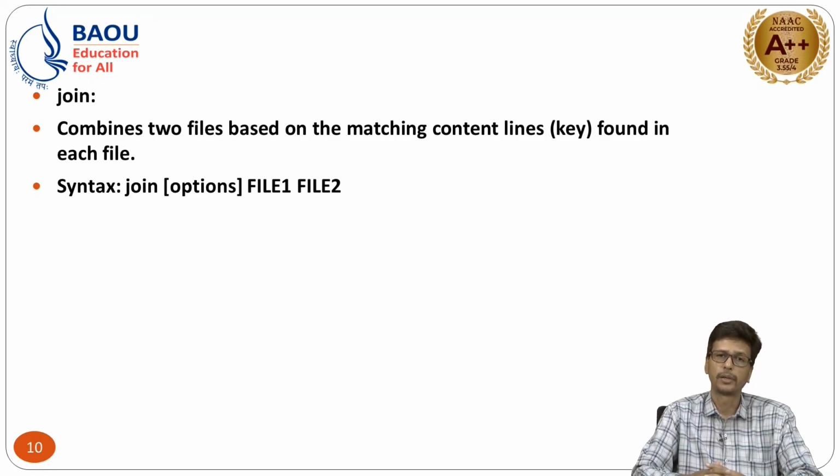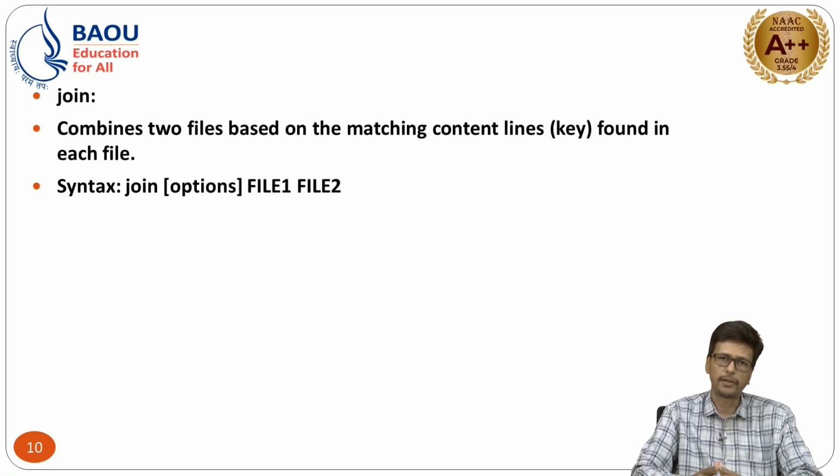That means whatever content you want to join from two or multiple different files, at least one column should be common in both the files. For example, I am creating two different files. In the first file, I am saving employee ID and employee first name.